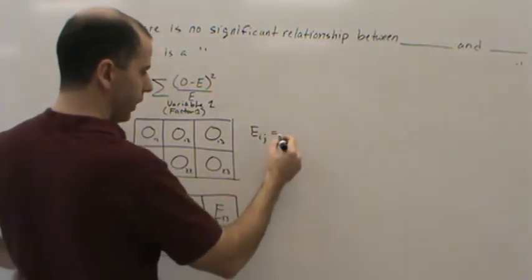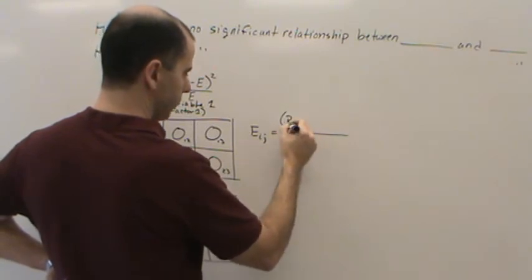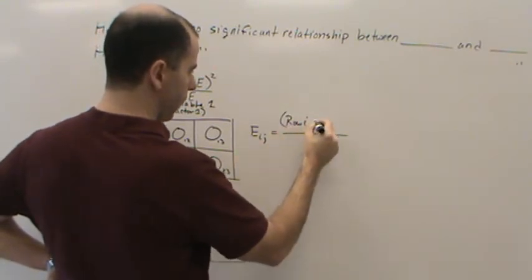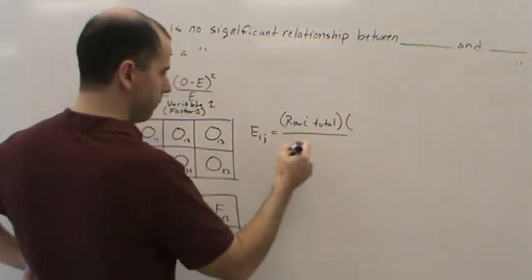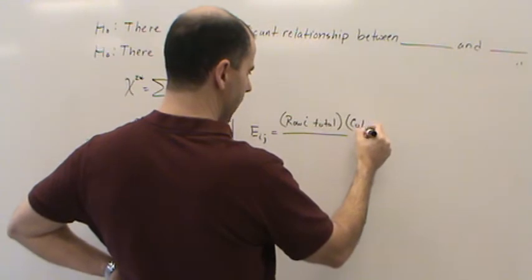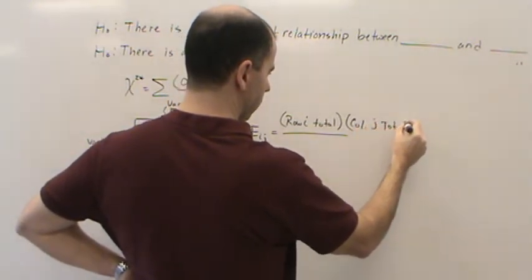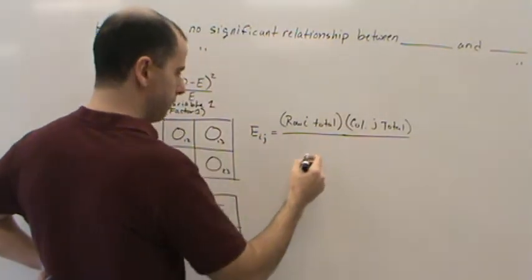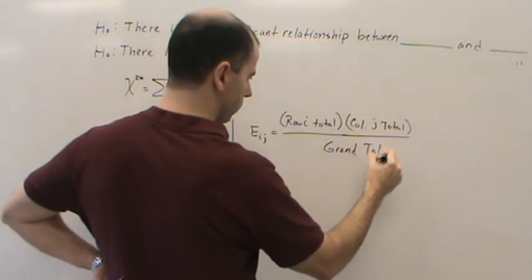What we're going to do is take the row i total and multiply it by the column j total, and then divide by the grand total.